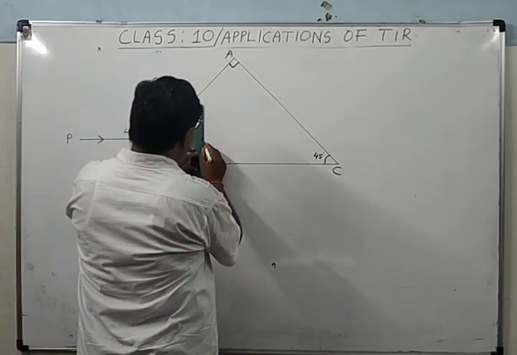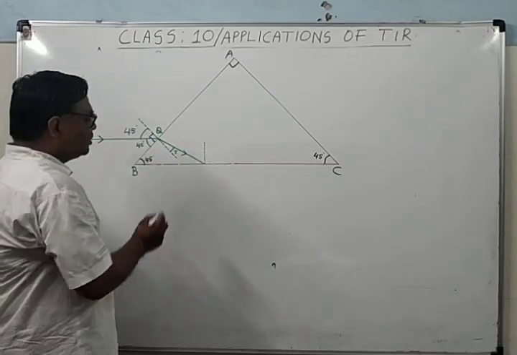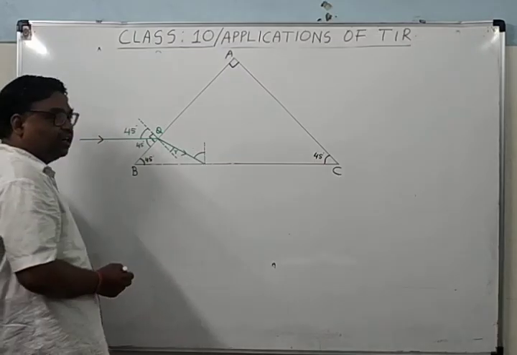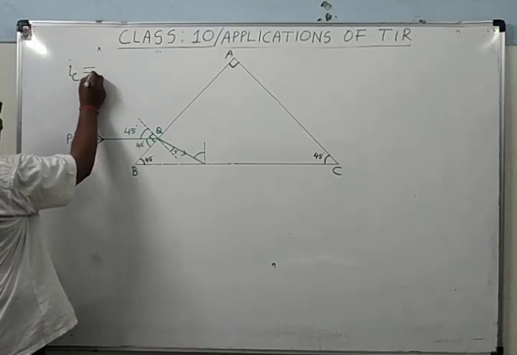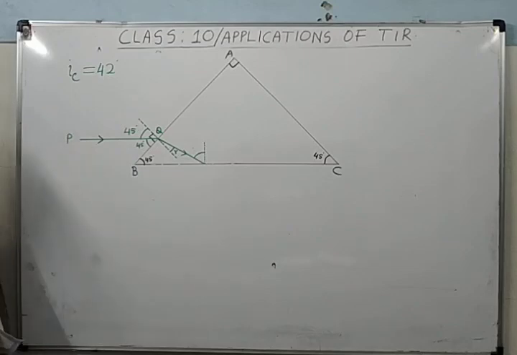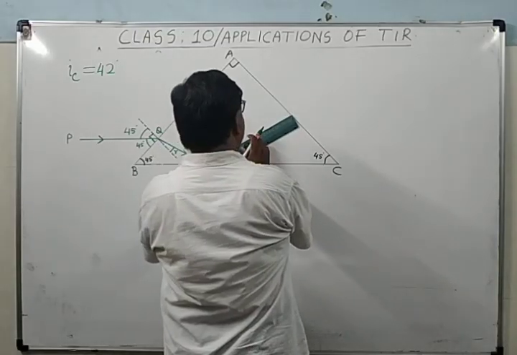If you see, at this point we will find that this angle will be greater than critical angle. Critical angle is here 42 degree. It will be greater than critical angle. It's clear? When it will be greater than critical angle, it will suffer total internal reflection.